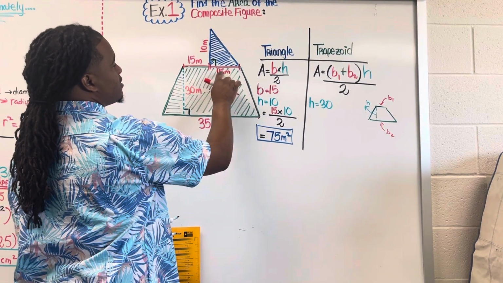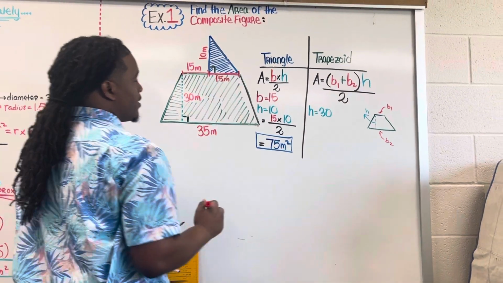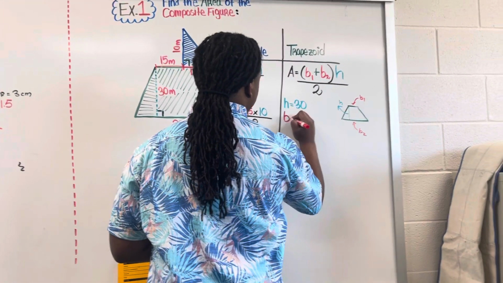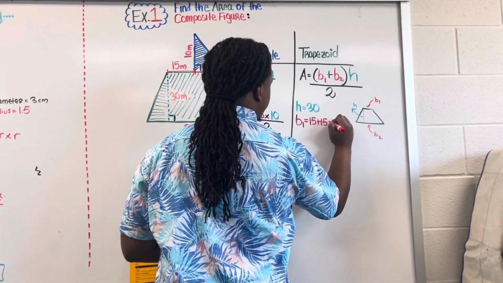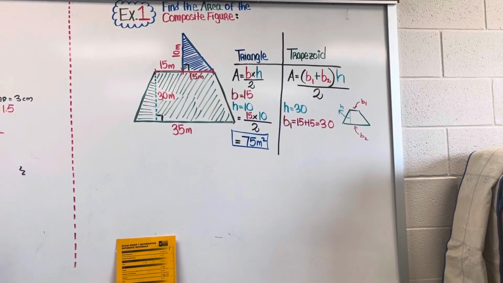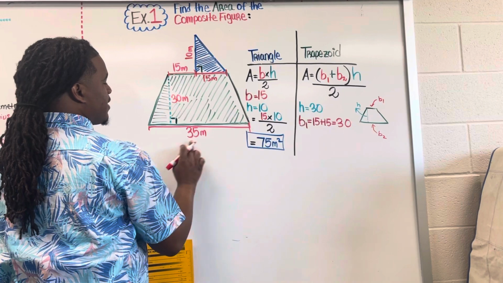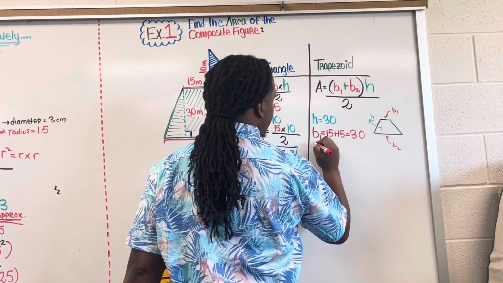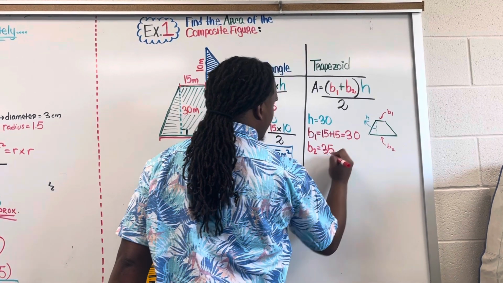So I have to add it to the other 15, which covers the other part of base 1. So 15 plus 15 plus 15 equals 30. So base 1 is 30. Base 2 is down here. Base 2 has a length of 35 meters. So base 2 is 35.